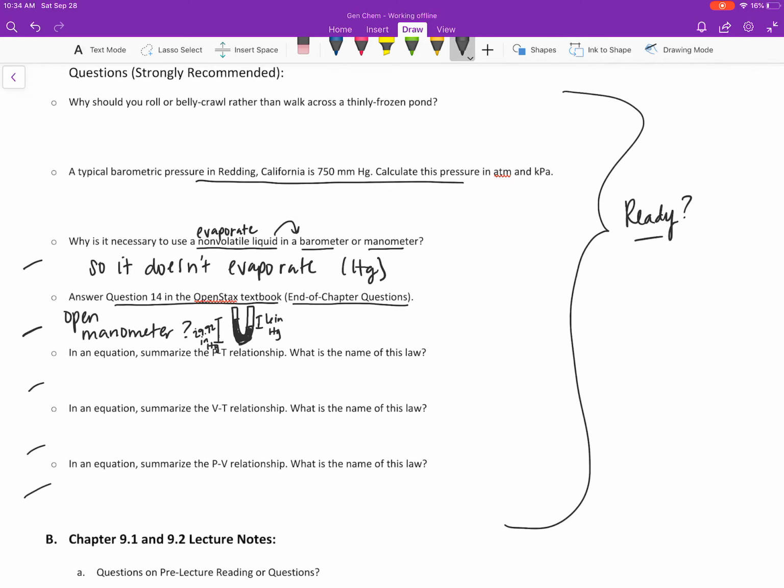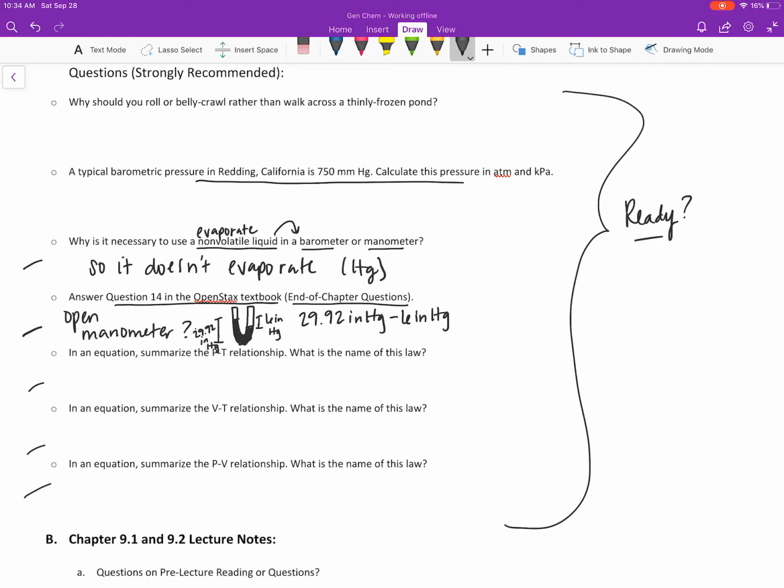Okay. So in open manometer problems, there's two situations. Either the level on the right is going to be lower or higher than the level on the left of my mercury. In this instance, because my level on the right is lower than my level on the left, the total pressure of the open manometer system is actually 29.92 inches of mercury minus the 6 inches of mercury.